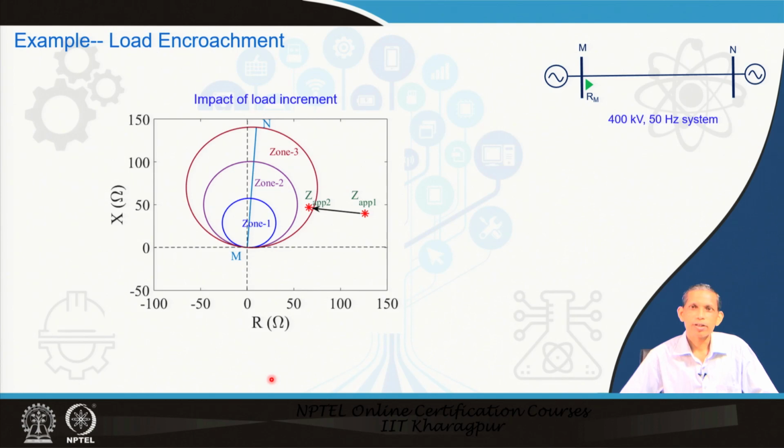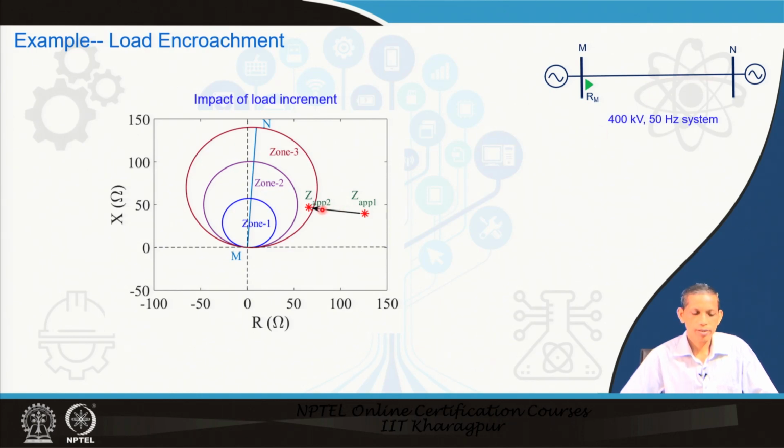That reduction in apparent impedance is of concern now. Will it enter the relay characteristics? Then the relay may malfunction. Take a situation of a 400 kV line here, and the Z apparent at a particular instant was at this condition. Now, there is a significant power flow increment in this line.